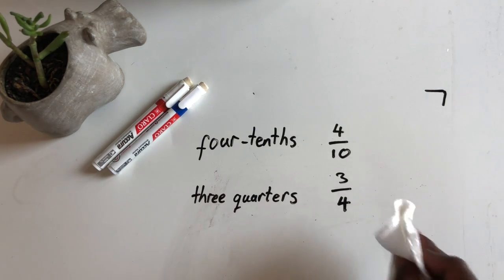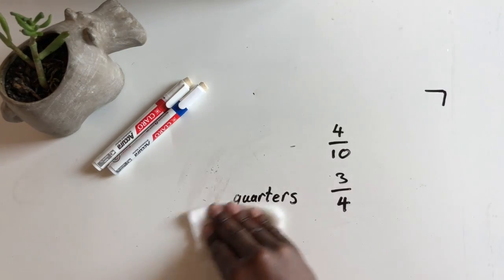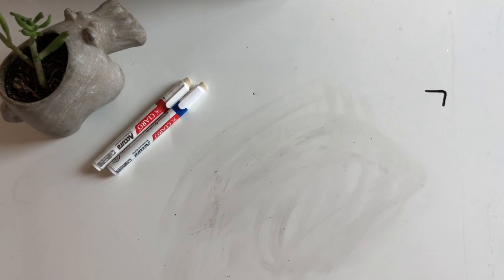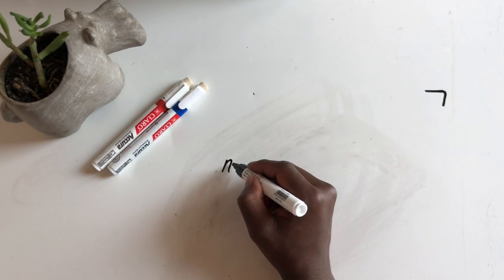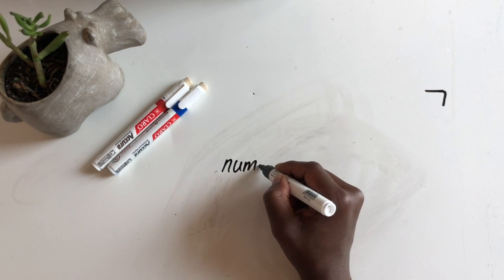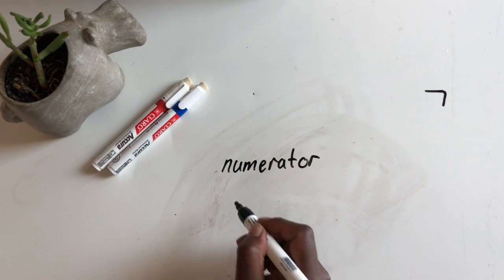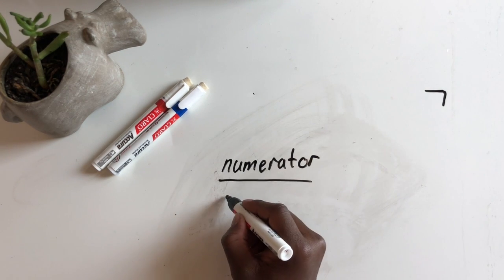Now, if we look at how fractions are represented, we always have the same two things. And these two things are known as the numerator and the denominator.